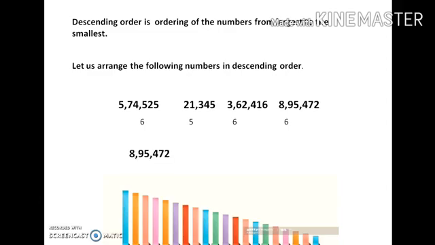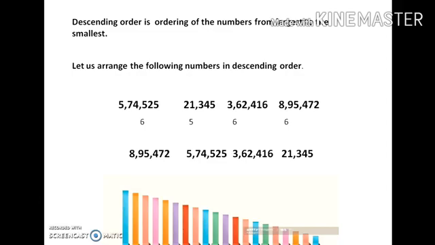So, the number 8,95,472 will be placed first. Next will be the 5,74,525. Next 3,62,416 and the last number will be 21,345 as it has only 5 digits. So this is how we arrange the numbers in descending order.